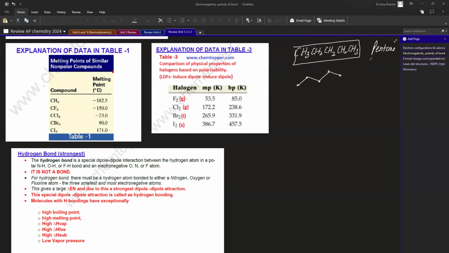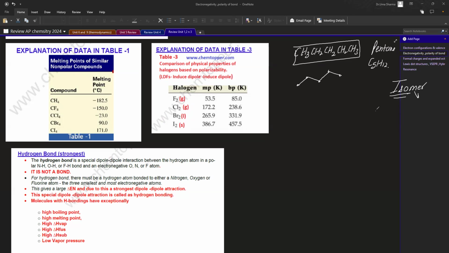Its molecular formula is C5H12. Now making an isomer. Iso means same. Isotopes, isobars, isomers. Mer means molecules.